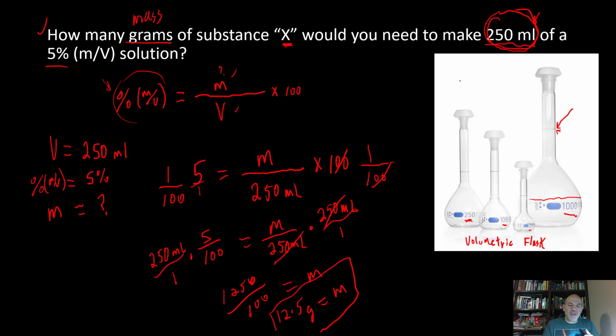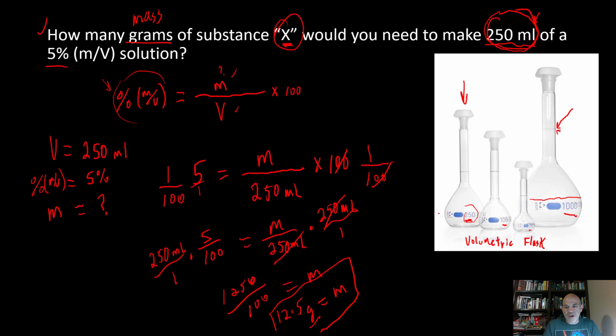So if I'm going to make this solution, I wanted to make 250 at 5%, and it doesn't matter if this is glucose, sucrose, table salt, magnesium sulfate, doesn't matter. What you're going to do is weigh out to get that 5%. You're going to get a mass of 12.5 grams of that substance. That's why I put X, because it doesn't matter what the substance is, it's done the same way regardless. Okay, so a 5% solution at 250 milliliters, we would want to use this flask here because it's the 250 one.